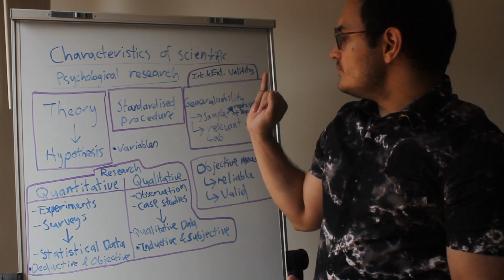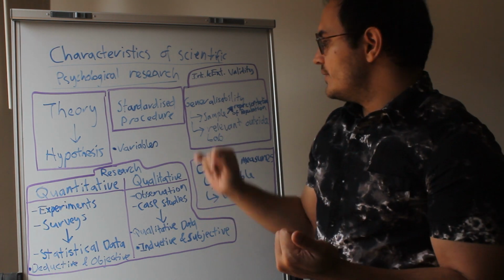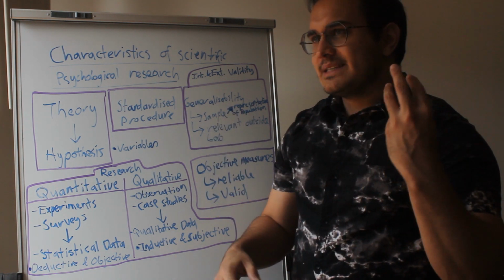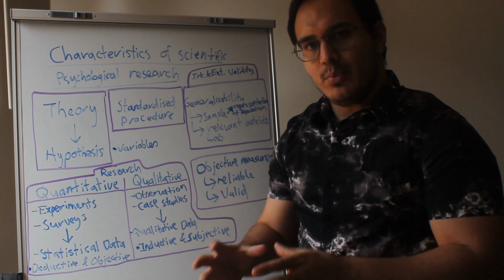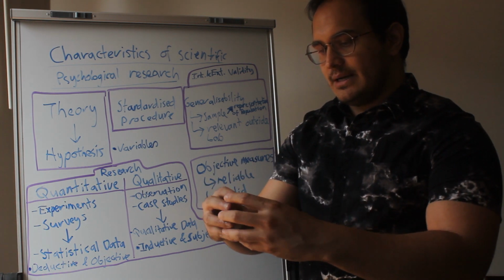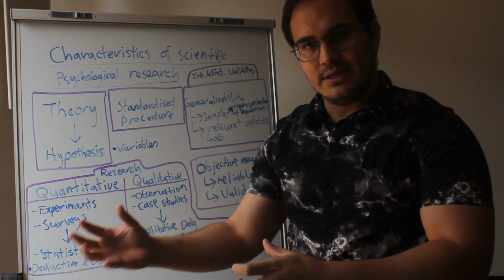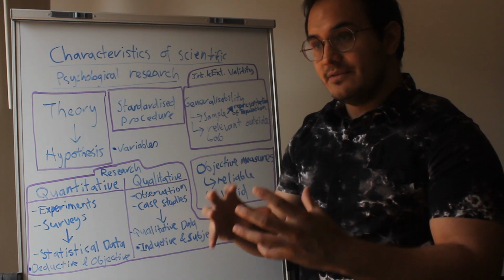What's very important is generalizability as well. What makes something generalizable is that you need to have a good sample. A sample is a subset of a population, and you want the sample to be representative of the population.